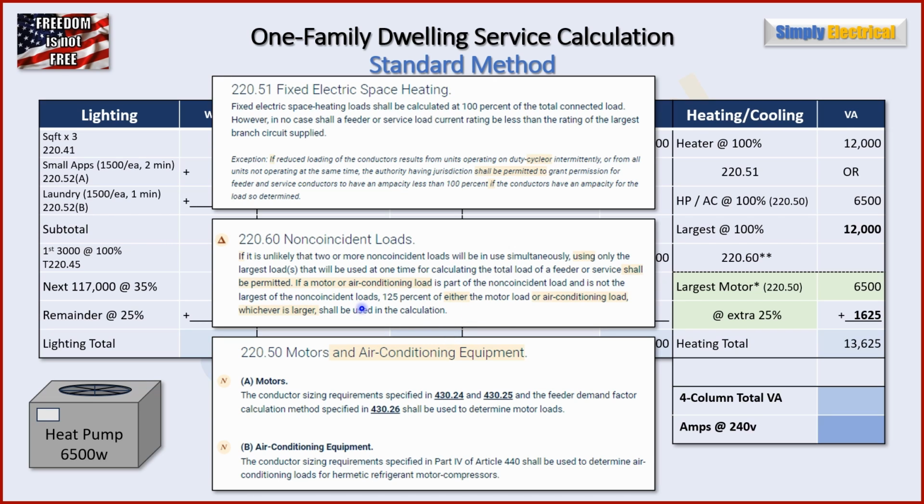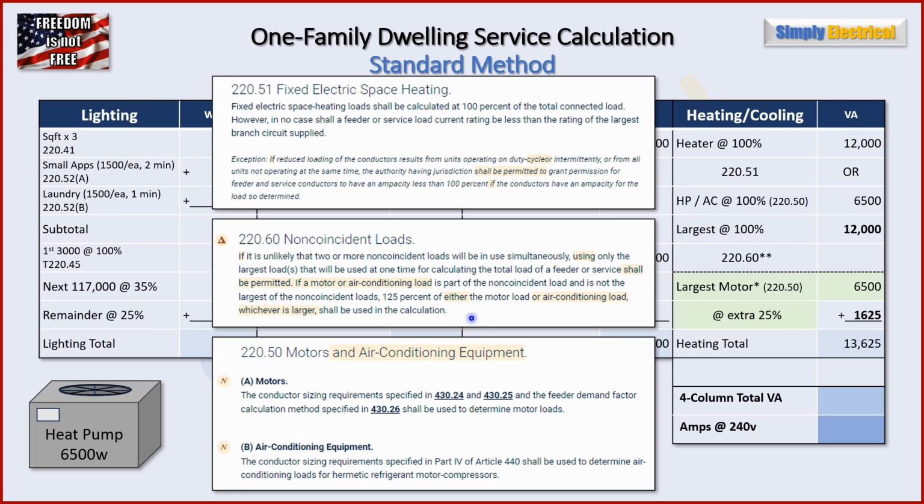If a motor or air conditioning load is part of the non-coincident load and is not the largest of the non-coincident loads, 125% of either the motor load or air conditioning load, whichever is larger, shall be used in the calculation. Okay, so if we were to take this at face value, what does this mean?